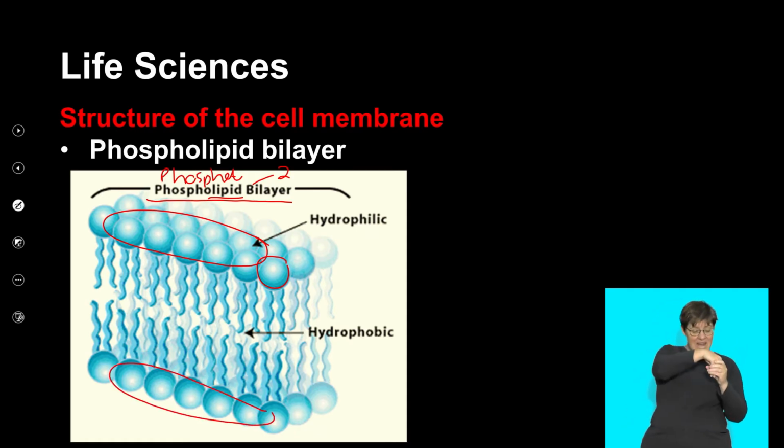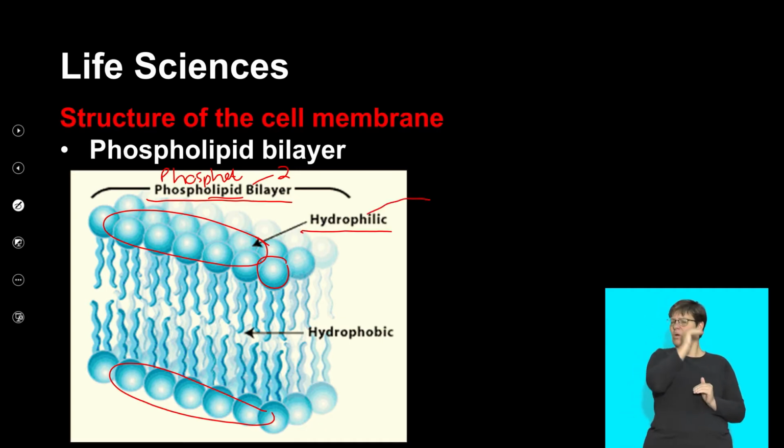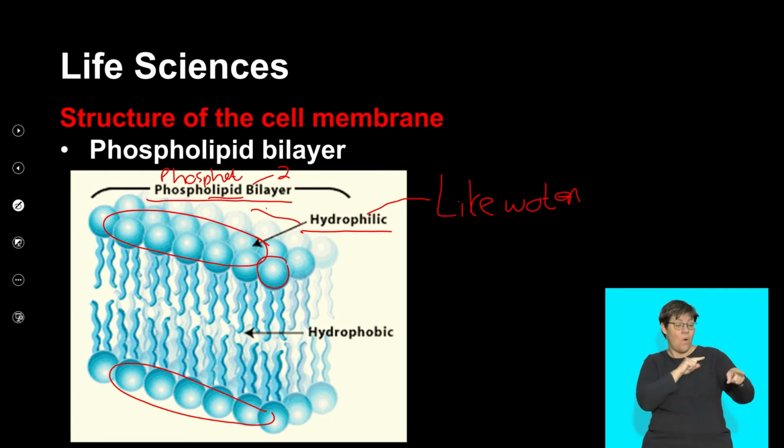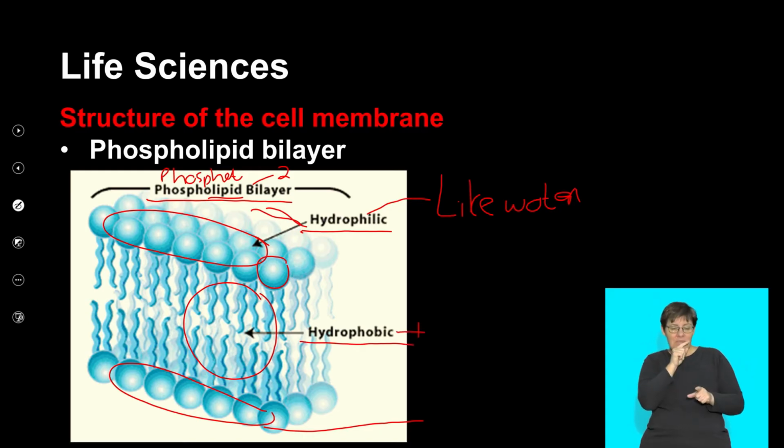And what do we notice? That the top, the heads, are hydrophilic. What does hydrophilic mean? Like water. And we want them to like water because what is around here? There's a lot of water around here. This is also going to like water. But what do we notice about the middle of my membrane? It is hydrophobic. It repels water.